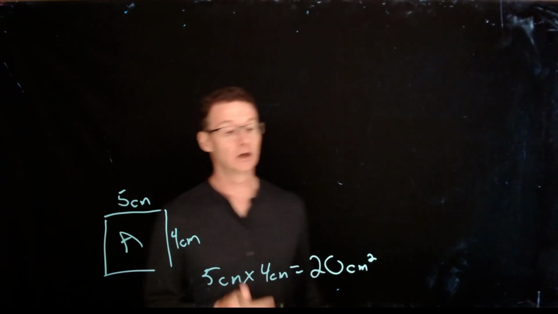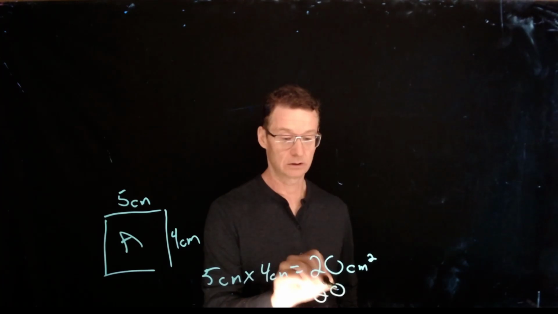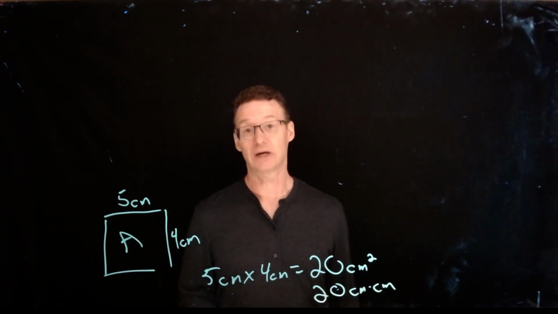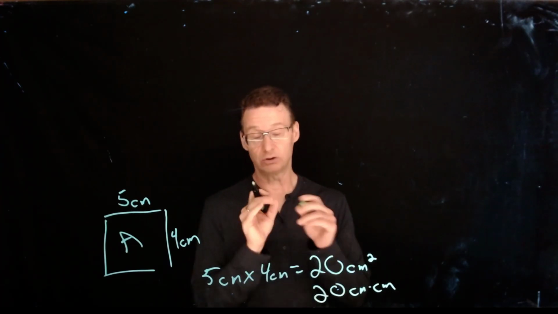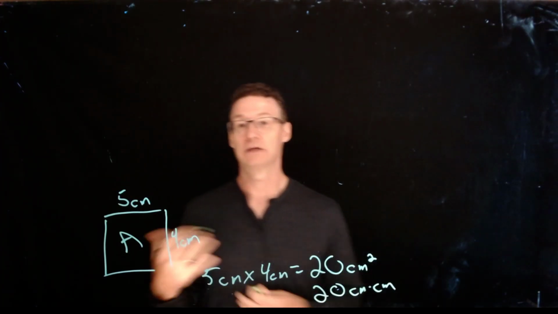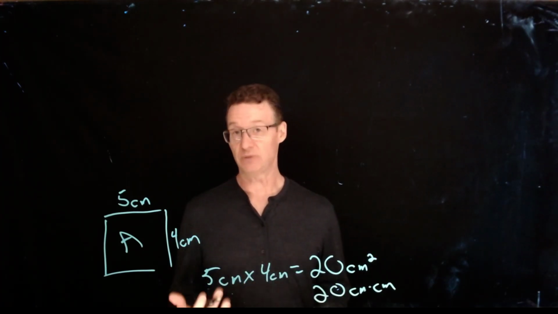We write it that way. But what I want you to remember is that what centimeters squared really means is centimeters times centimeters. That's how we're going to solve these problems in dimensional analysis, by remembering that you can break down the squared and cubed units into individual sets of centimeters or inches or whatever that unit might be.